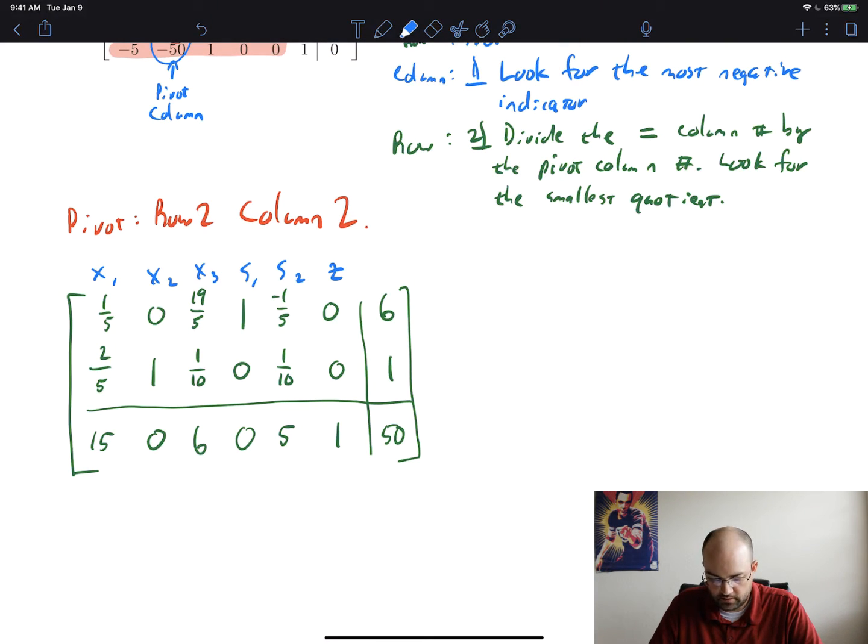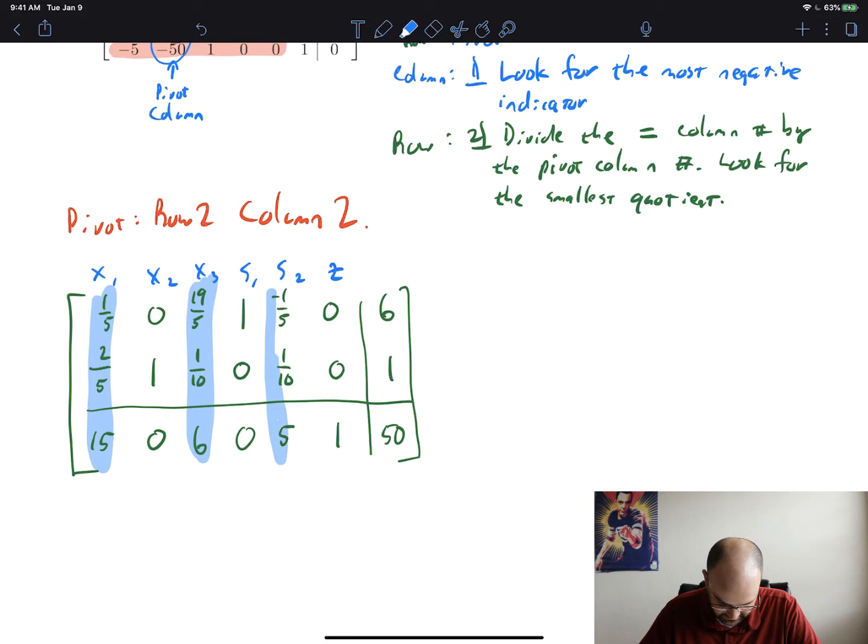Remember, only columns that have a single number that's not 0 and zeros above and below will be not 0. So lots of numbers here, this column is all 0. This column is all 0 as well. This one is all zeros. And the equal column is never a 0.